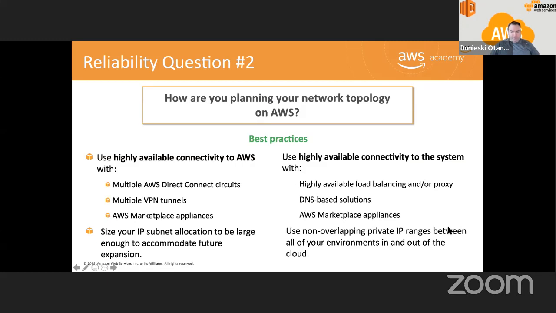The system itself will tell you that that's not possible. And try to use different IP addresses and ranges in and out of the cloud. In case you have a hybrid setup with on-premises, try to implement the same strategy.